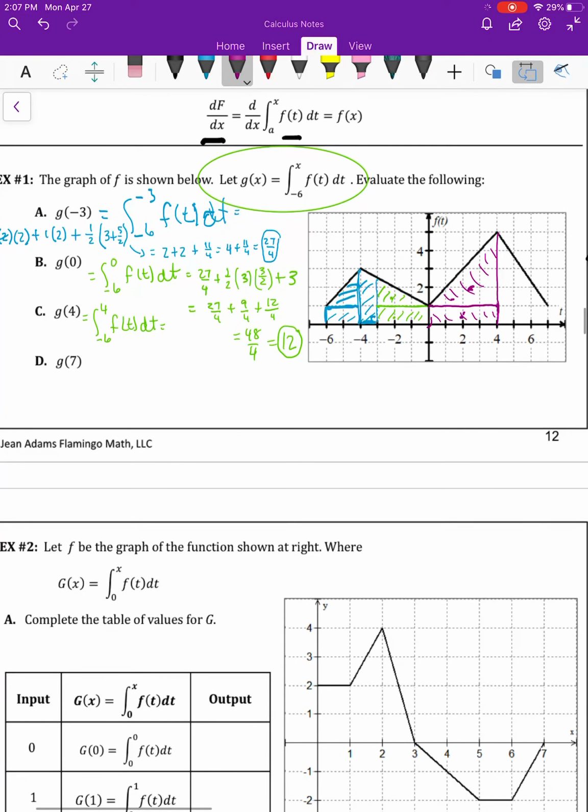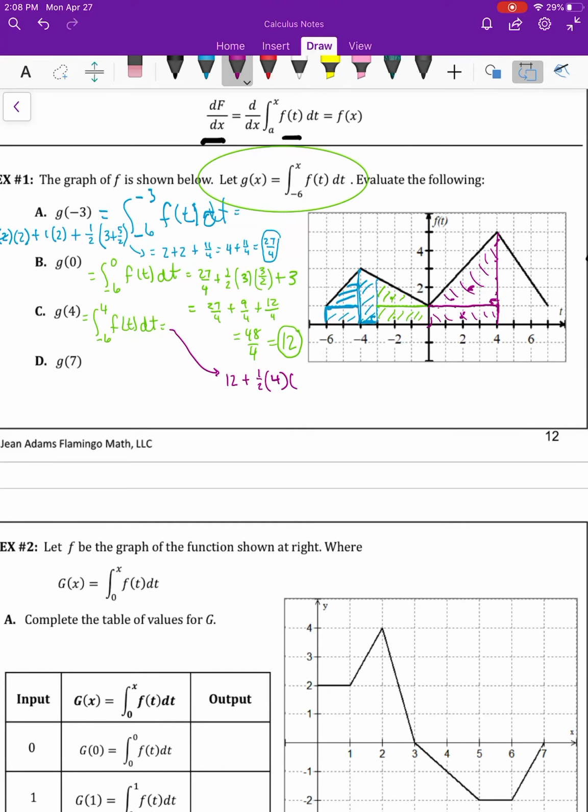So I'm going to say that this is 12 plus, and then we have 1/2. Our base here is 1, 2, 3, 4, and our height is 1, 2, 3, 4. Now be careful, you don't want to count this down here because we're only talking about this triangle right here.